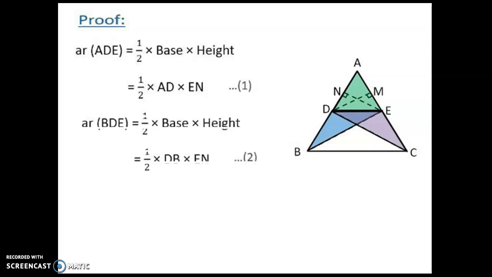Then area of BDE. AR means area, you know, right? AR means area of triangle BDE. So BDE, where is it? This light blue color triangle, B, D and E. In this triangle BD is the base.